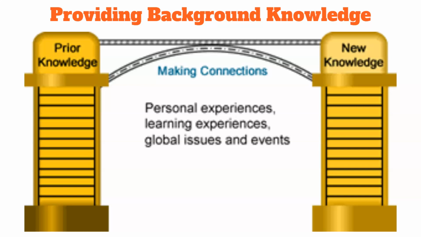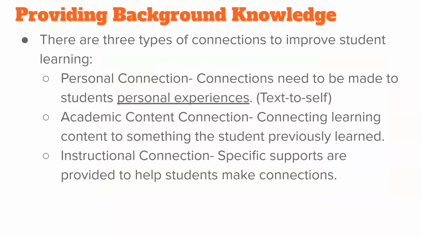And we know that when we provide background knowledge for students, their ability to recall and retain the information is increased. Now, there were three ways to provide background knowledge in this chapter, and I thought they were pretty interesting. So we are going to go through those three ways.